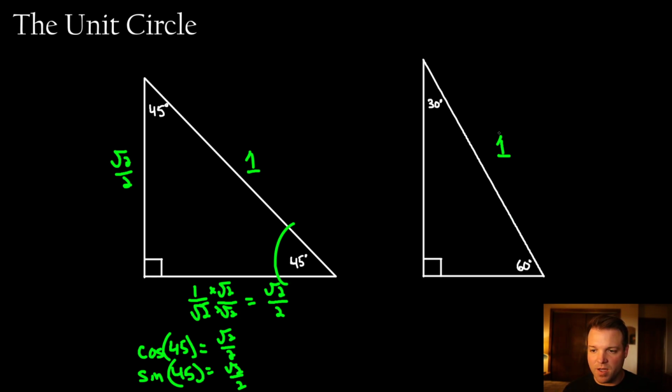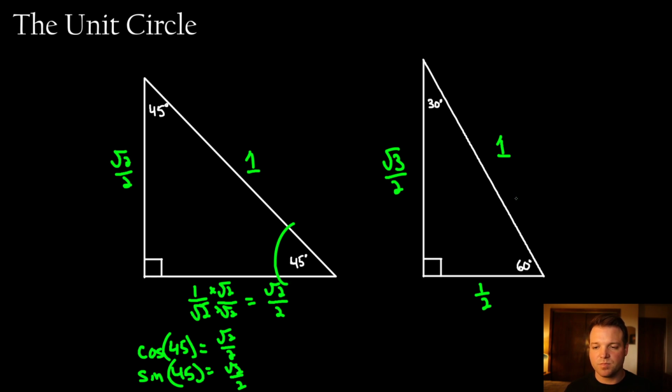All right, and then over here, let's do the 30, 60, 90. So if I'm going from the longest side, the hypotenuse, down to the shortest side, before I multiply by 2, so to go backwards, I need to divide by 2. So the short side would be 1/2. And then to go over here, I need to multiply by root 3. So root 3 times 1/2 is just root 3 over 2.